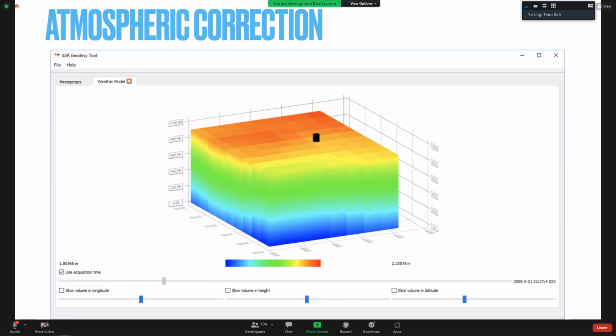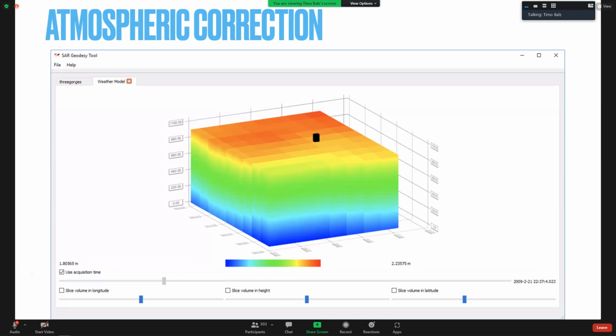However, the main problem is that the resolution of these models is not very high. So you have to interpolate them, and that works well if you have relatively stable weather conditions, right?